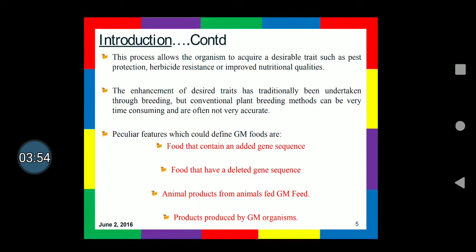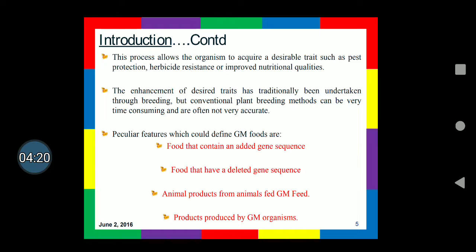This process allows the organism to acquire a desirable trait such as pest protection, herbicide resistance, or improved nutritional qualities. The enhancement of the desired trait was earlier done by a method called breeding. But conventional breeding methods are very time consuming and often do not end up in accurate results.